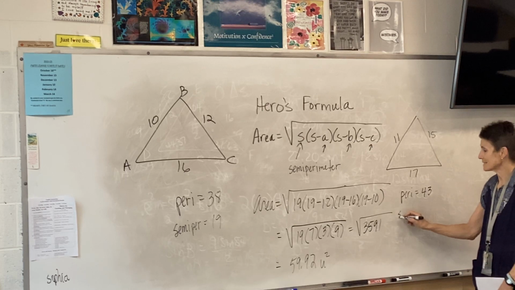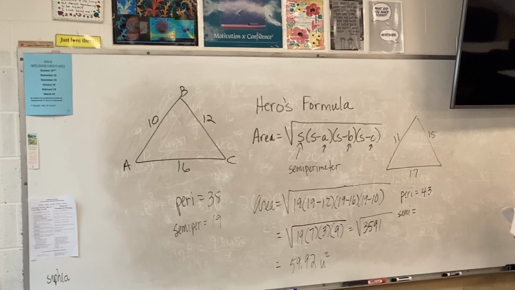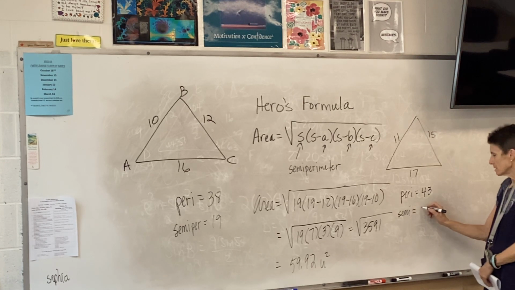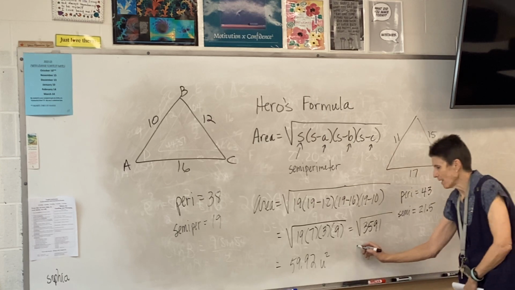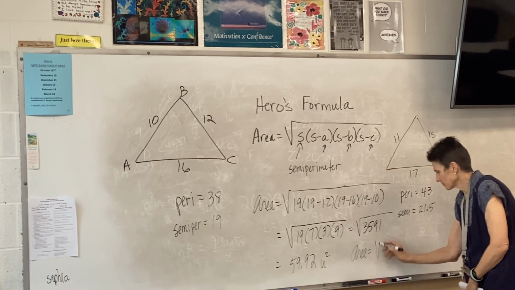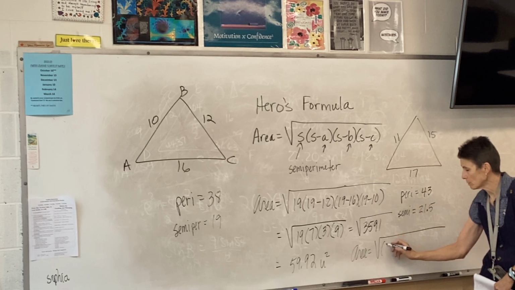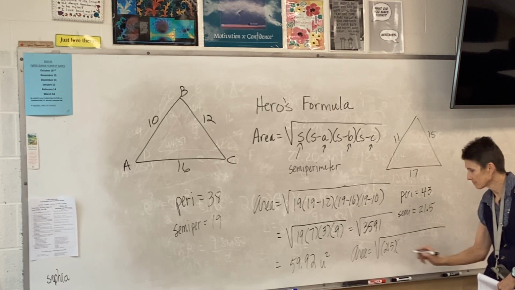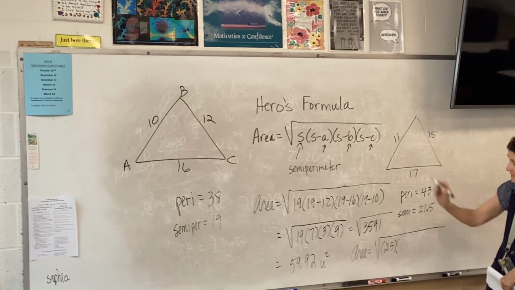So what's my semi-perimeter then? My semi-perimeter will be half of 43, which is 21.5. So to find my area, using my formula here, I'm going to take that semi-perimeter, 21.5, and then I'm going to take that 21.5 minus each side.